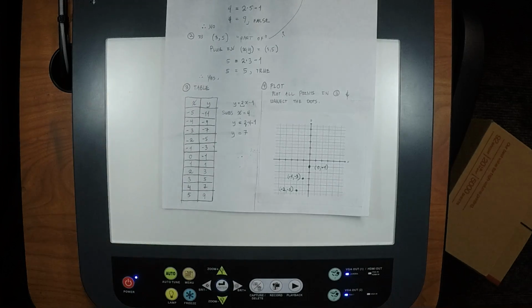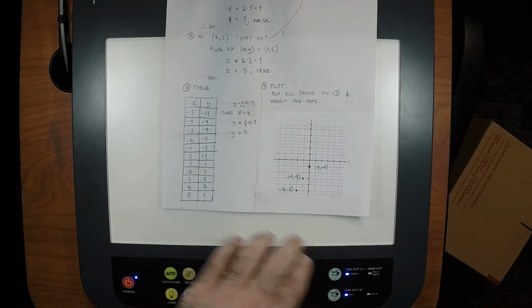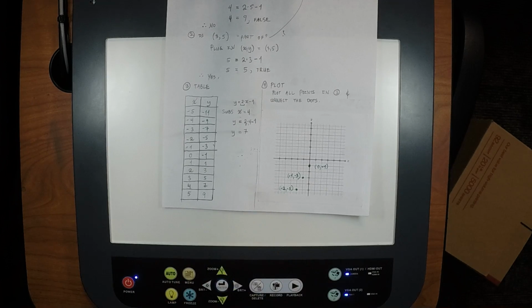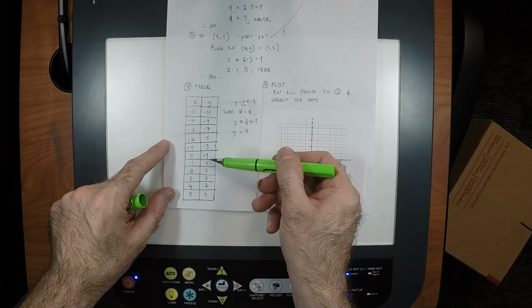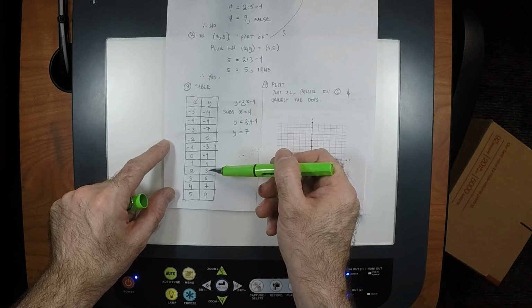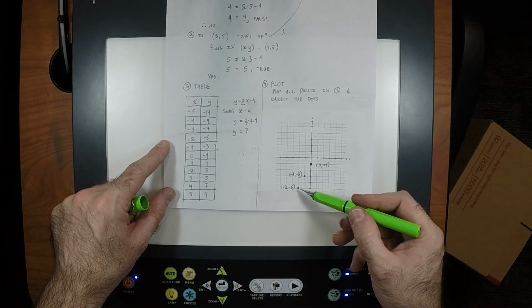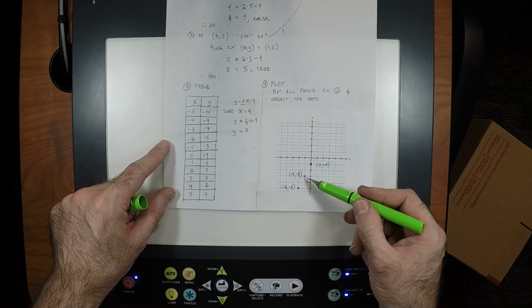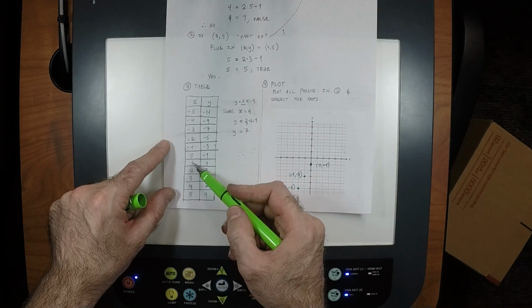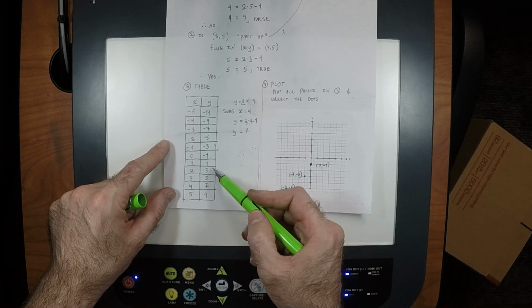Now that we've plotted 3 of those points, I'd like you to observe that they're all kind of lining up. Is that a coincidence? No. For reasons that aren't entirely clear, it's not a coincidence. Every time you move down, y increases by 2. To get to the next point, you move over 1 and then up 2, because every time x increases by 1, y increases by 2.